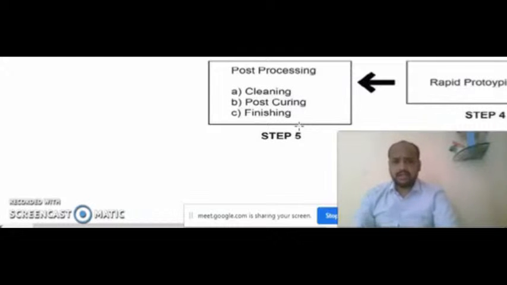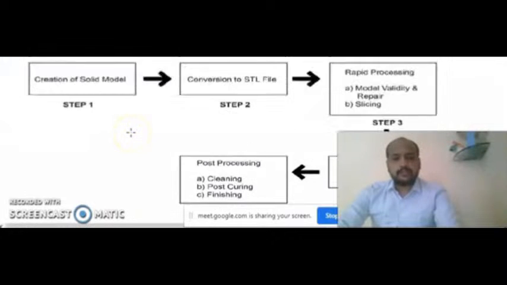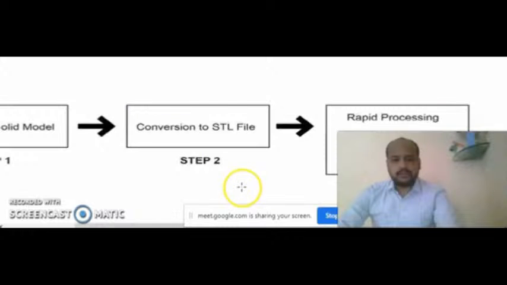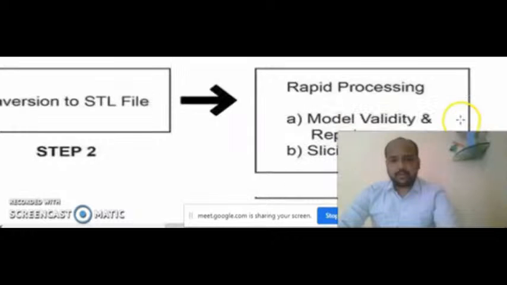This is a general procedure shown here. If you want to manufacture a component, a pattern used during the casting process, you can create a solid model for that pattern. Then you can convert that solid model to an STL file. Then in rapid prototyping, you can go for model validity and repairing, and then slicing.